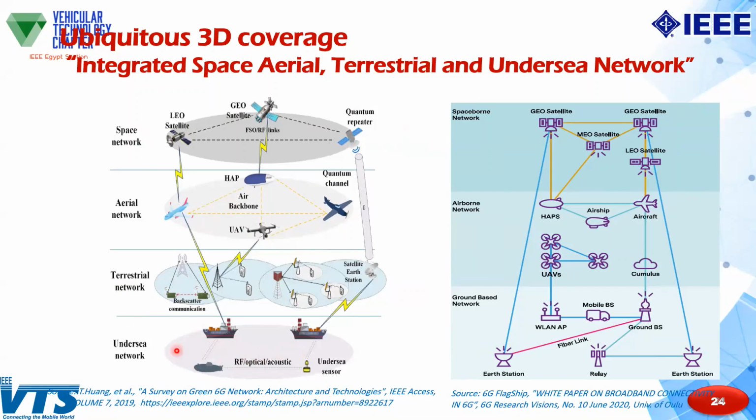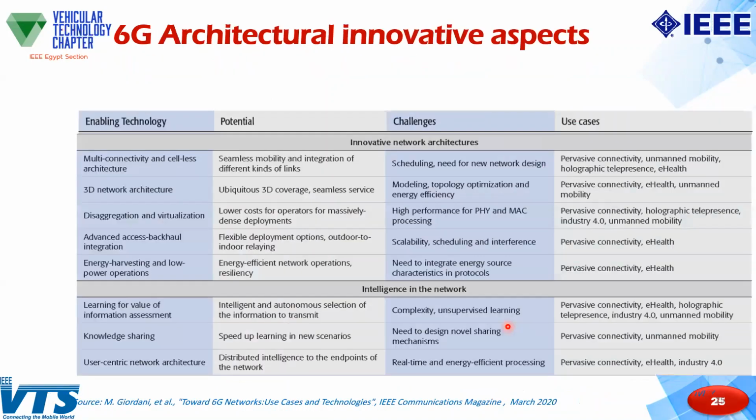All of these layers are concatenated and work back to back by means of a 3D coverage solution. And this is another shape to give you a perspective or illustration of the system.